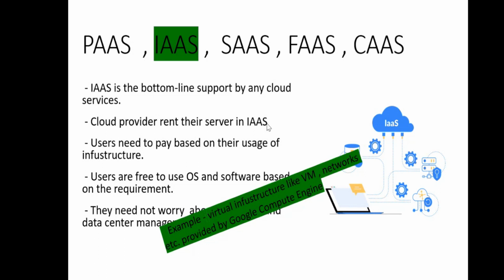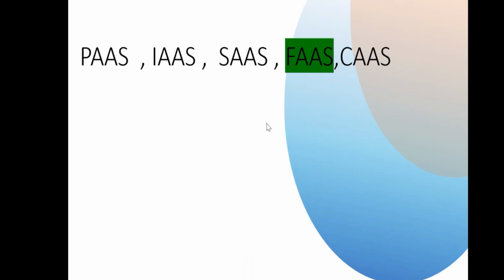Fine. The next one is called FaaS. This is an excellent solution that came into the market. Just now I told you, what is FaaS? The full name is function as a service. It is the first time the concept of serverless appeared. What does that mean? If you want to deploy your web application, you deploy it inside a server, you start the server, then the application is running.